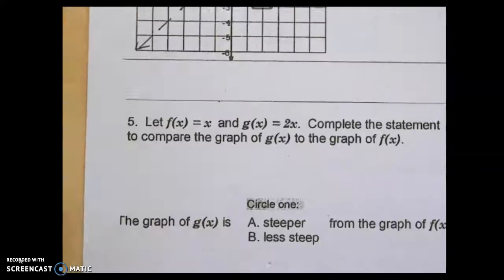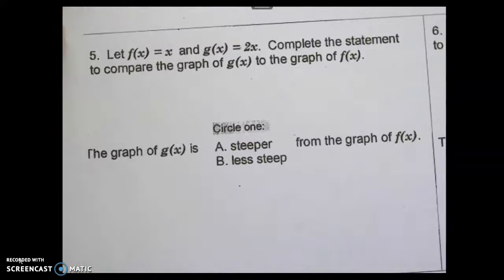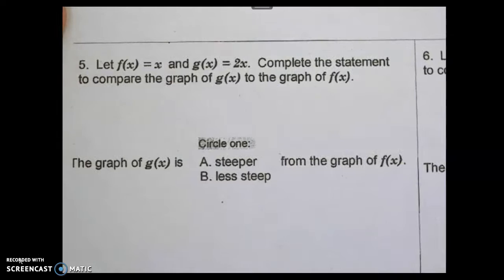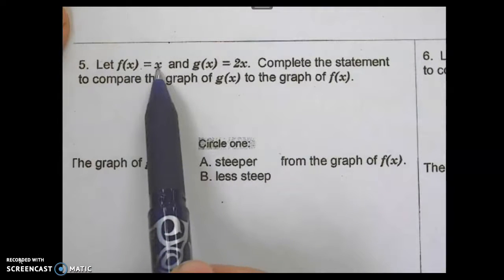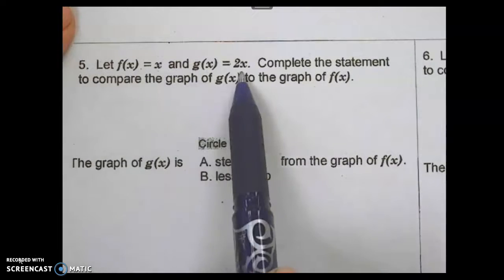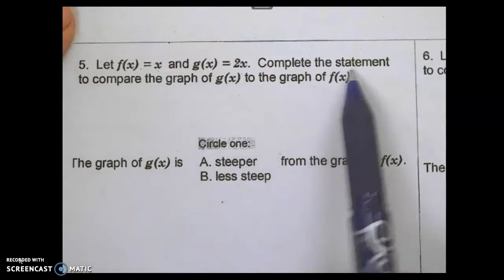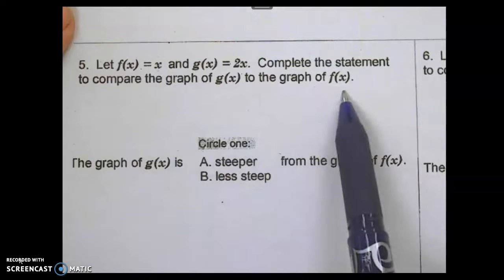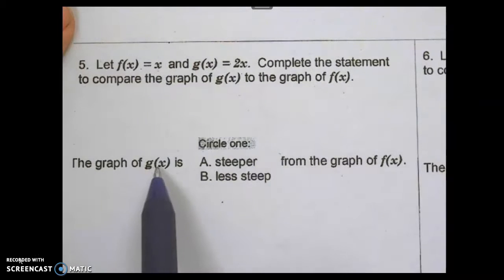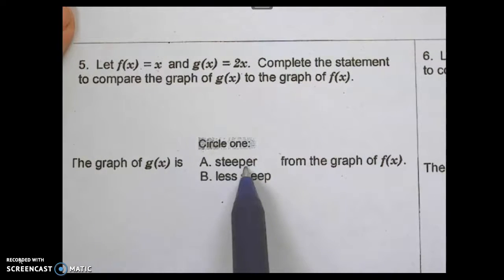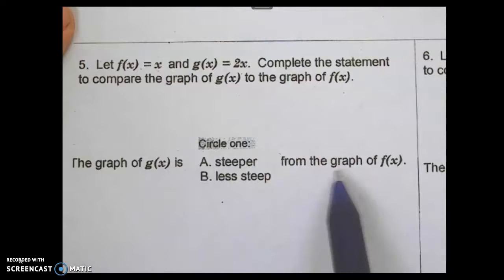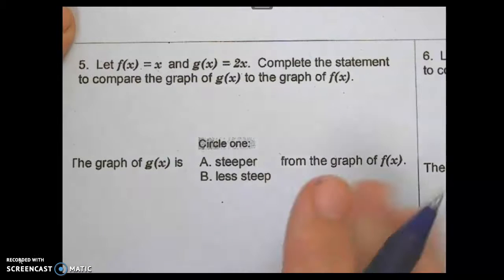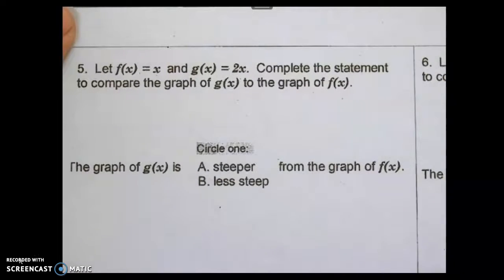Now I'm going to move to number 5. Super easy for this one. Let f of x equals x and g of x equals 2x, complete the statement to compare the graph of g of x to the graph of f of x. The graph of g of x is steeper or less steep from the graph of f of x. Well, I'm talking about my slope.